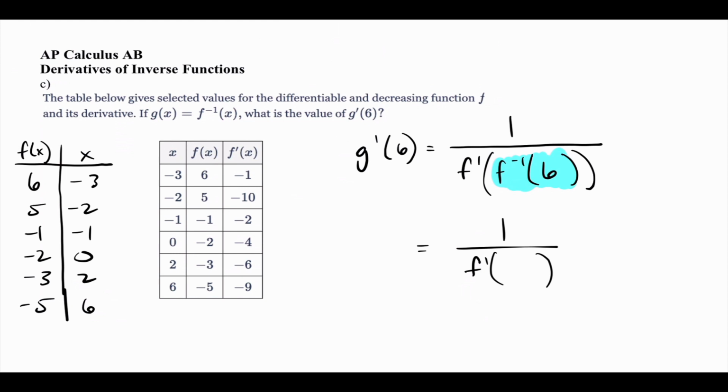When we plug in 6 to our inverse, what do we get as a y? Negative 3. So that's the answer that goes there, negative 3.